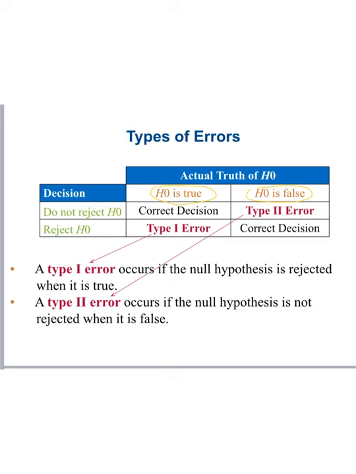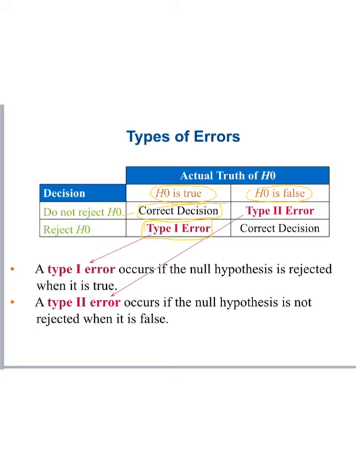And here's what I actually do with that null. If I don't reject the null when it is true, it's a correct decision, because it makes sense. When the null is true but we reject the null, you made a type 1 error.